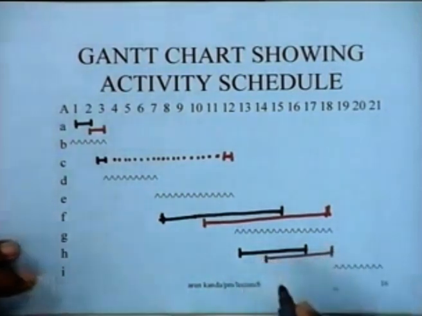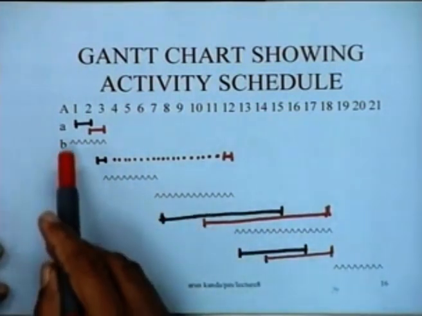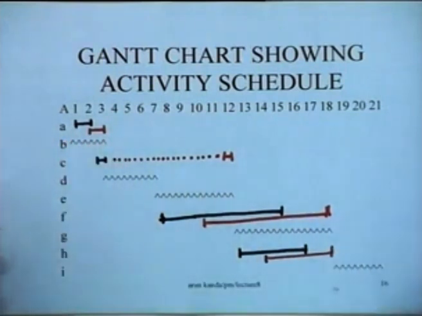So, the point really is that a representation like this of all the activity schedules which show the early start and the late start possibilities for all the activities can be very conveniently shown in the form of a Gantt chart, and this would show when which particular activity is scheduled to be done.